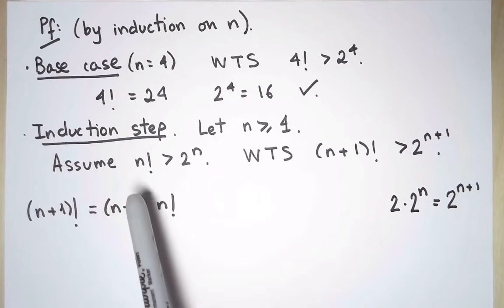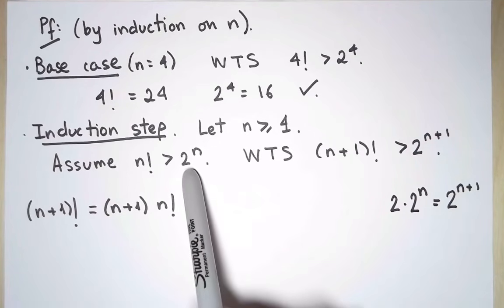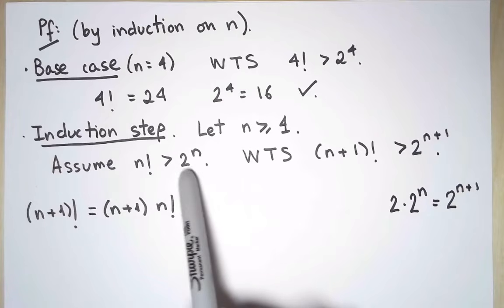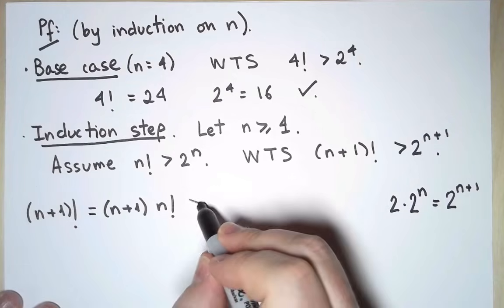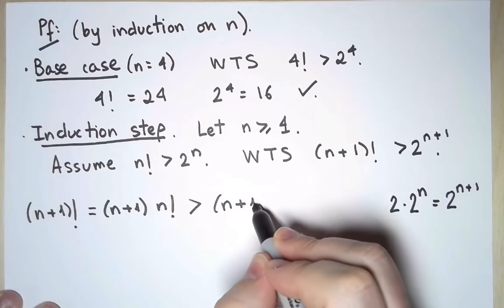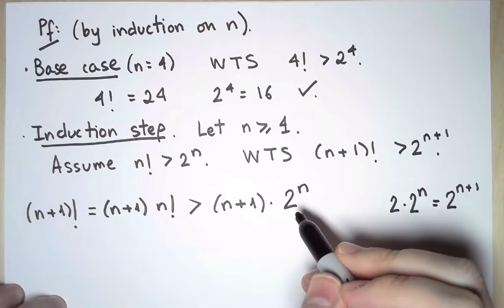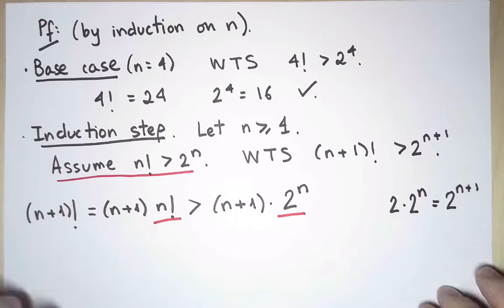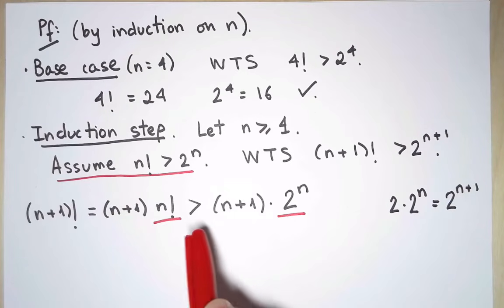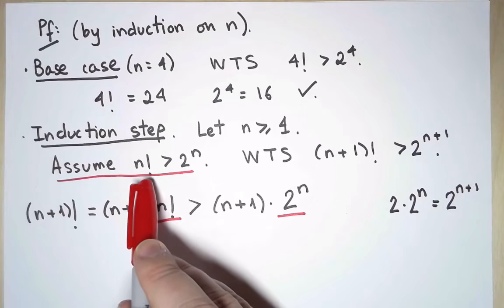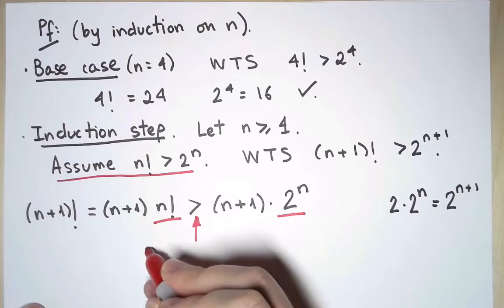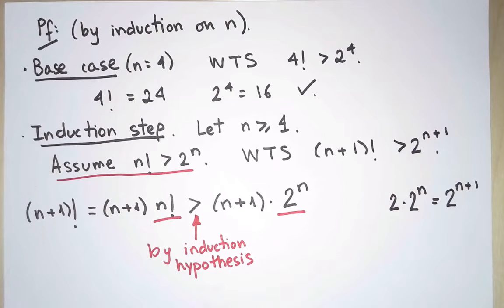Well, I know that n factorial is greater than 2 to the n, so if I multiply this inequality by n plus 1, I can conclude that n plus 1 times n factorial is greater than n plus 1 times 2 to the n. And here in this step is where I have used my assumption. The inequality I'm assuming is true for n. This is called the induction hypothesis.